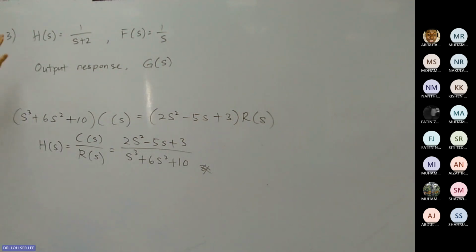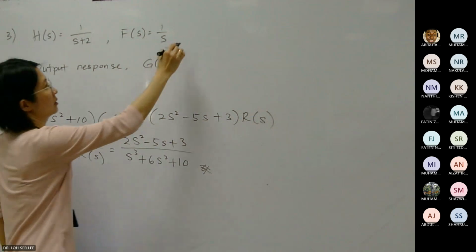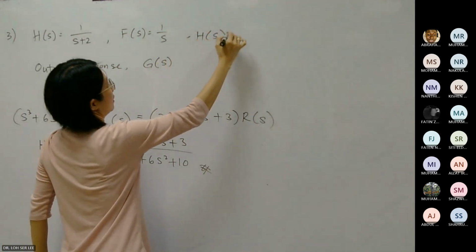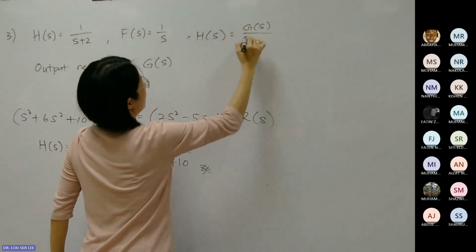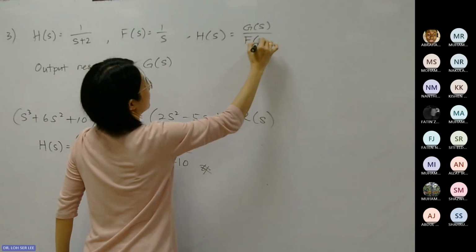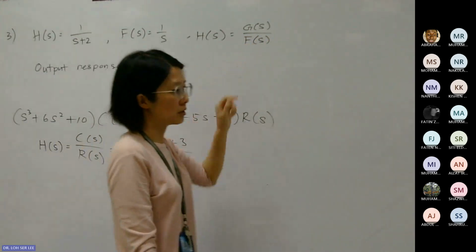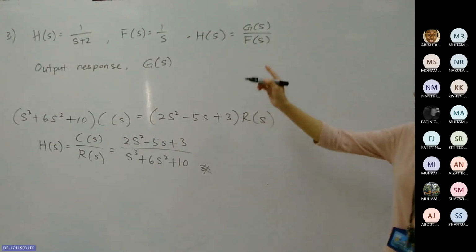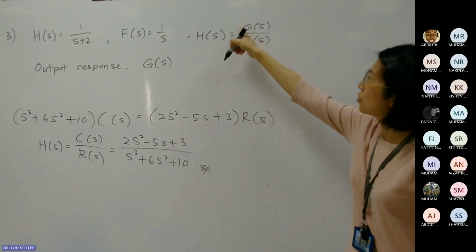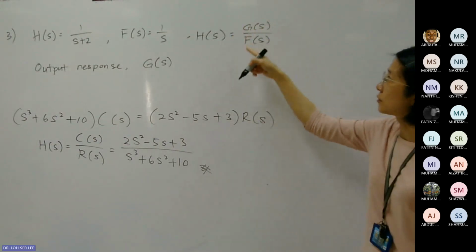Meaning that your transfer function is G over F. F is the input, G is the output. So this is your transfer function.